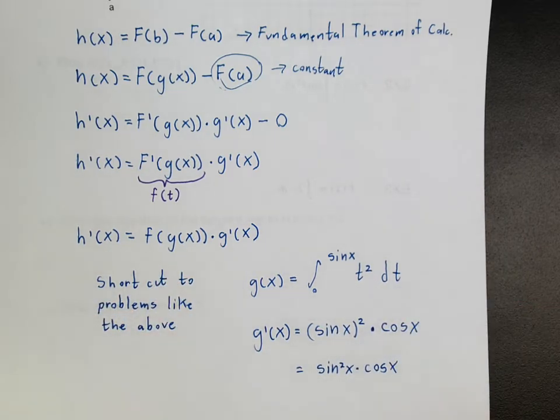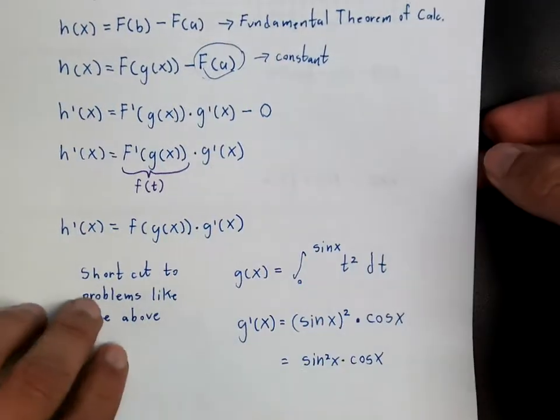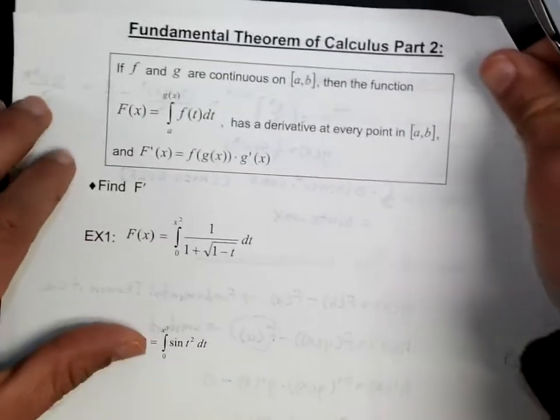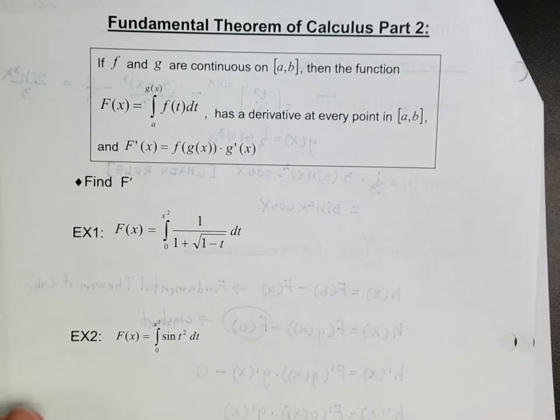Okay. So again, let's do a few more problems here, and now I'm going to show you what the fundamental theorem of calculus says, part 2. All right, that's what we have there. The important thing again is this right here.